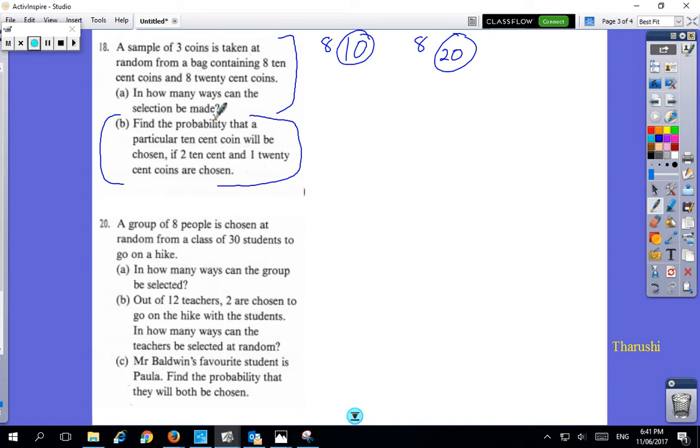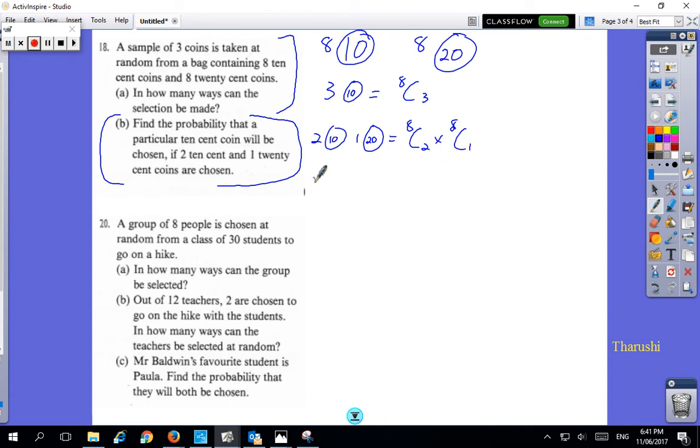Well, let's imagine first that we can have all 10-cent pieces. Then there would be 8C3 ways of choosing all 10-cent pieces. Then there's 2 10-cent pieces and 1 20-cent piece, so that would be 8C2 by 8C1.